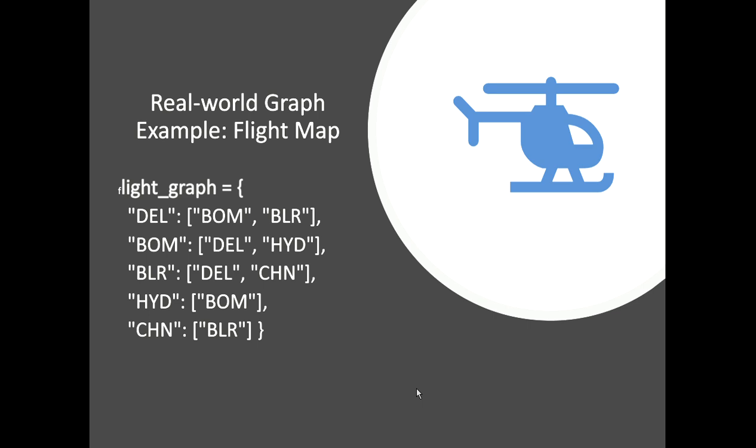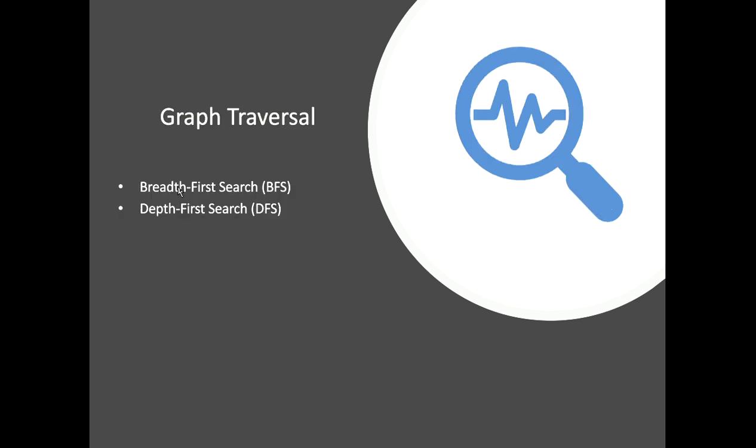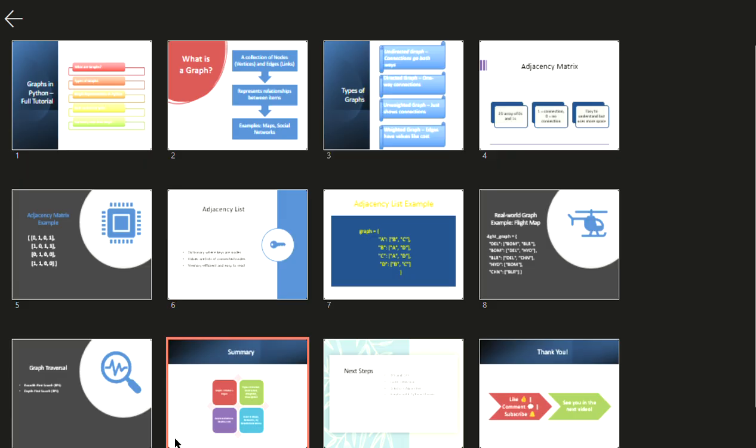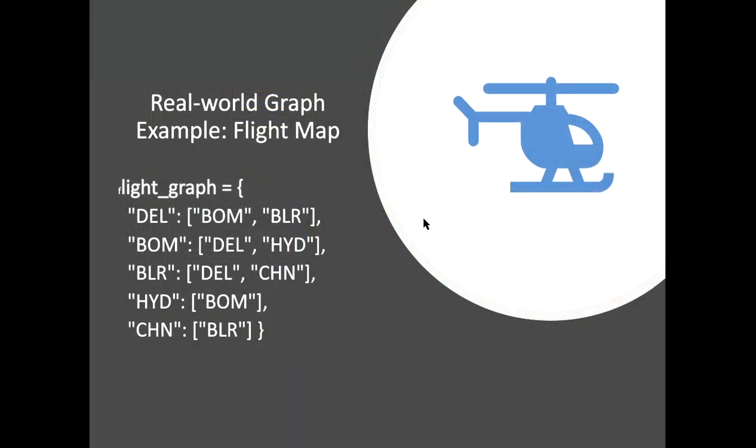So let's see one example with adjacency list. For example, a flight map. So say we have a flight graph, which is a graph for a flight map.